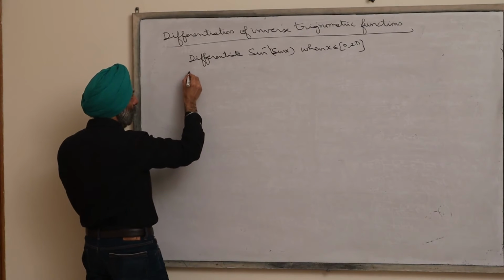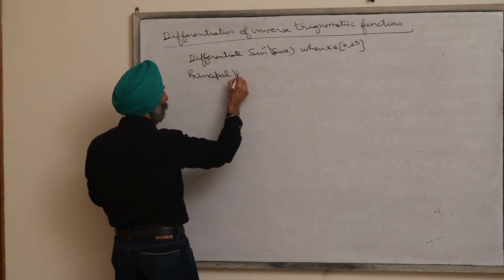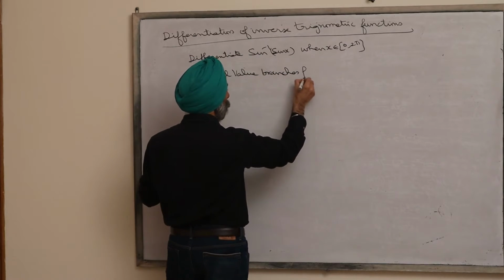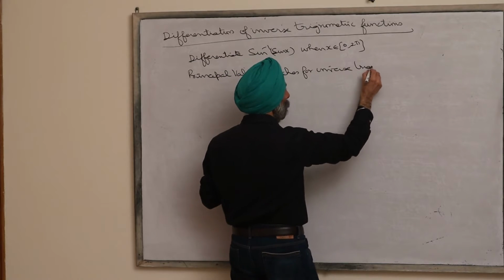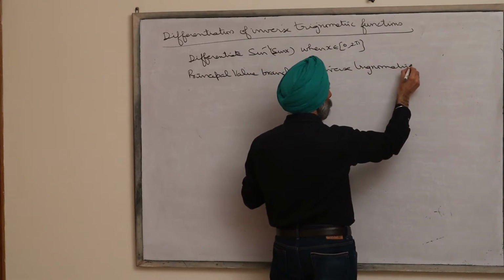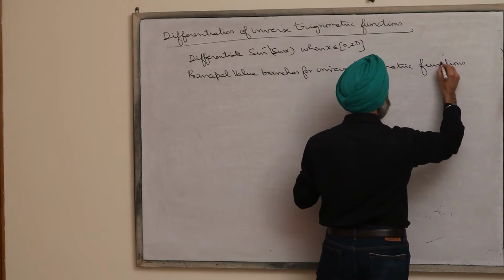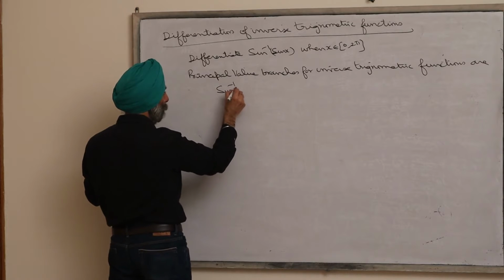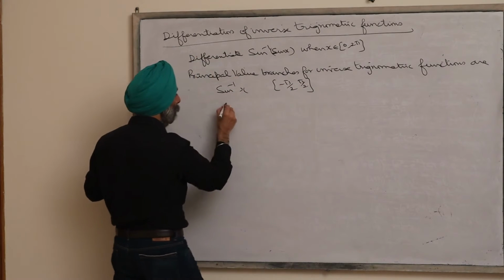Now the principal value branches for inverse trigonometric functions are: sine inverse of x, it is minus pi by 2 to pi by 2.